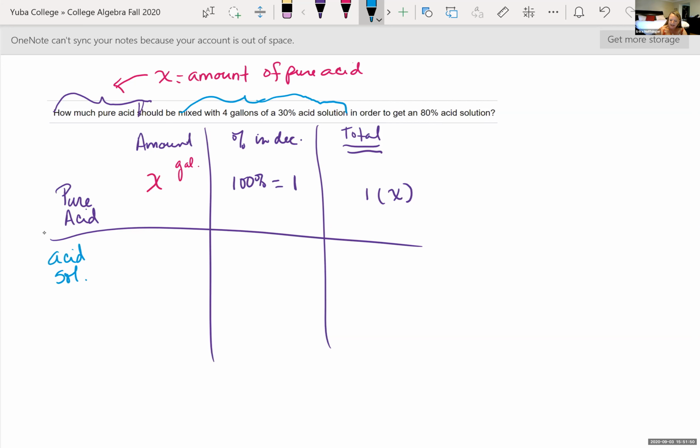It tells me that it's 4 gallons that I'm mixing it to. And it tells me it's 30% acid, so 0.30. And so if I was looking at those 4 gallons, how much of that was acid, I would multiply that 0.3 times the 4.